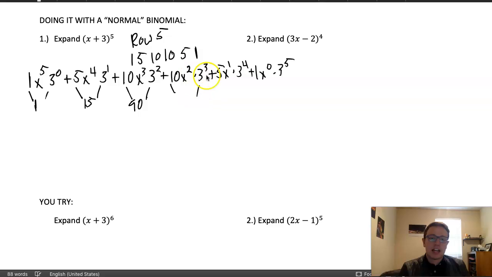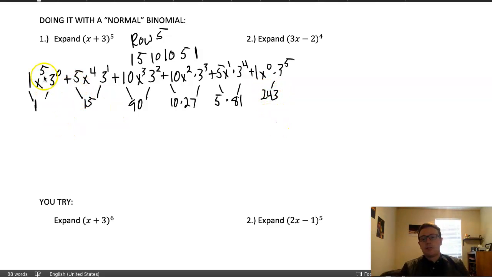For this next one, we're going to have to figure out what 3 cubed is. We'll throw that into our calculator. 3 cubed is 27, so this is going to be 10 times 27, or 270. This next one, we're going to have 5 times 3 to the 4th. So what is 3 to the 4th? That's 81, times 5. And this last one is going to be 3 to the 5th, or 243.